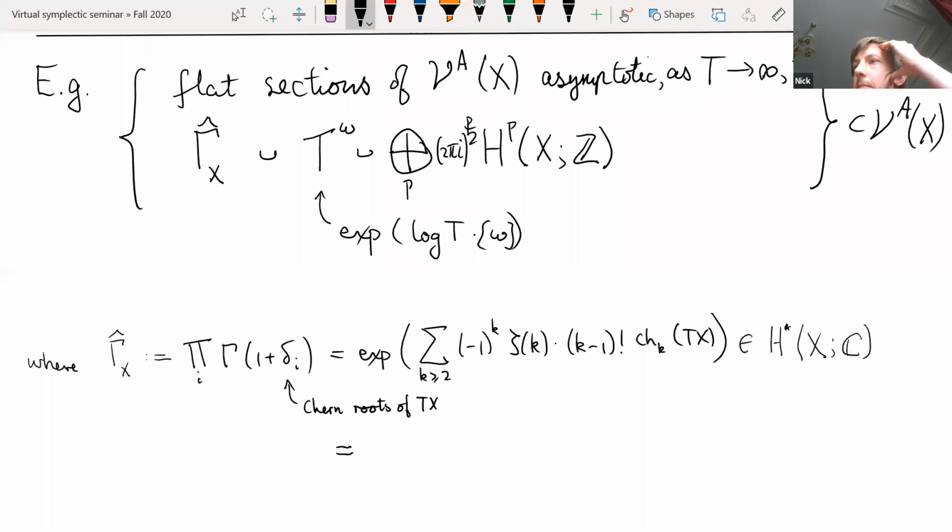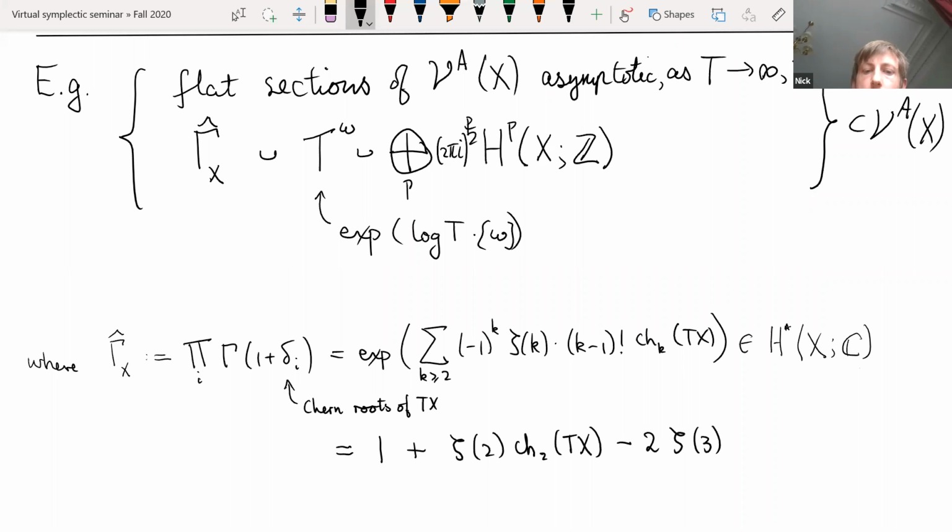and it might help us even more to see it expanded out according to the cohomological degree of the terms.